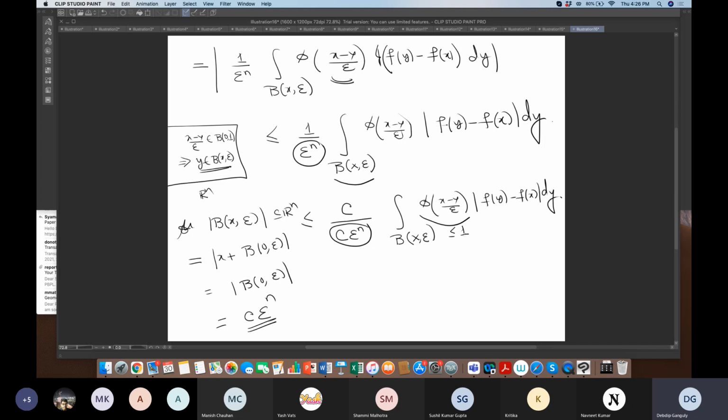For fixed epsilon, some constant, yes or no? Just check. This is less than or equal to the indicator function of B(x,epsilon).